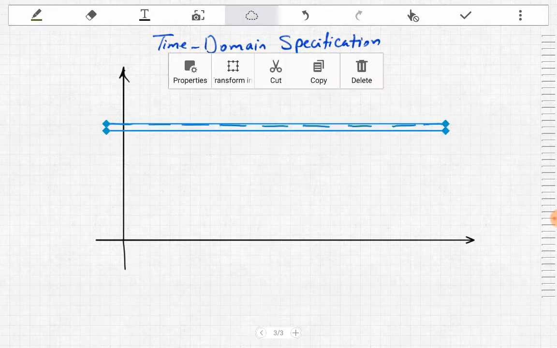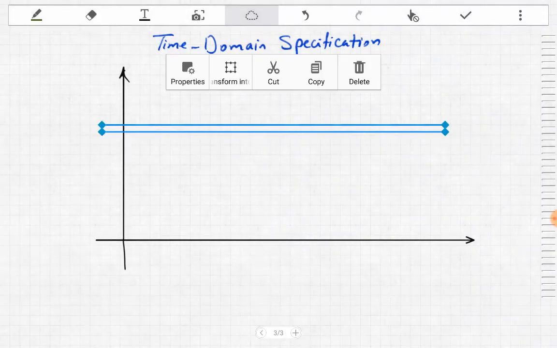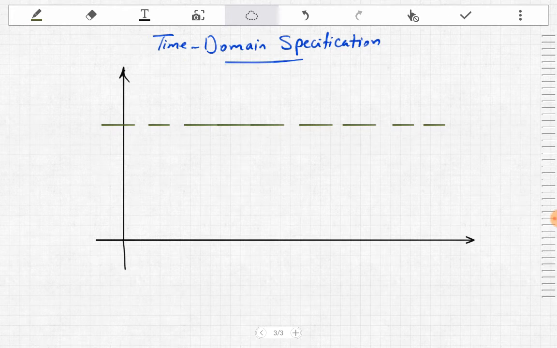So this broken line expresses the final value of the response. Let's call it YSS, Y steady state.